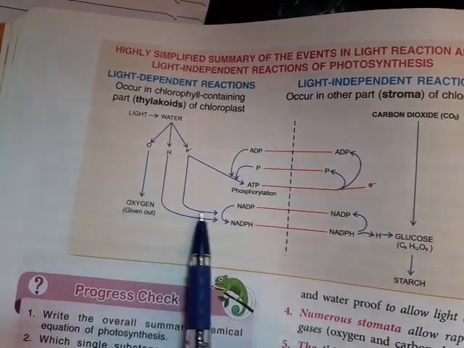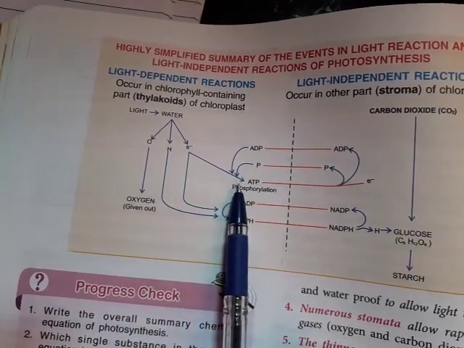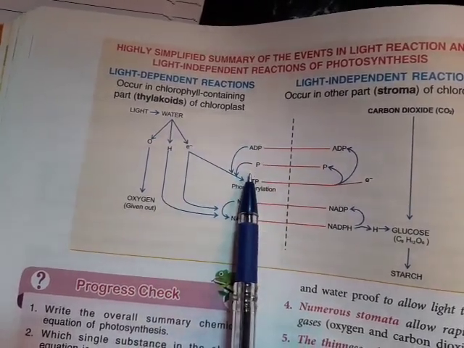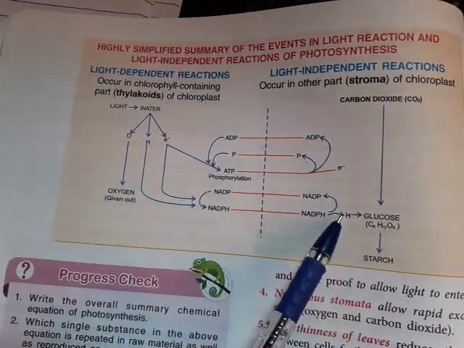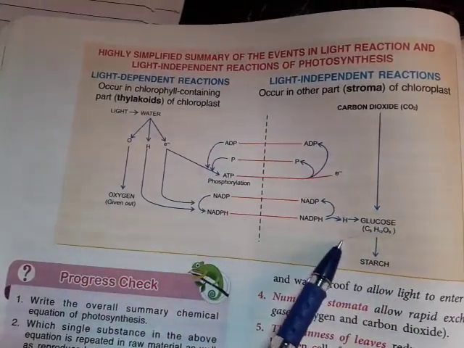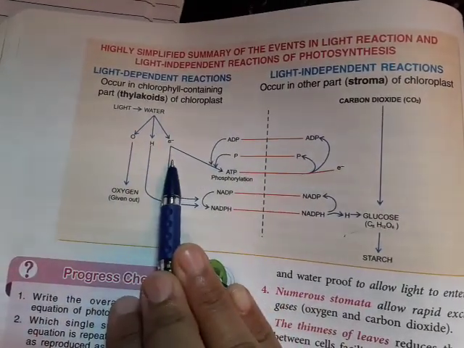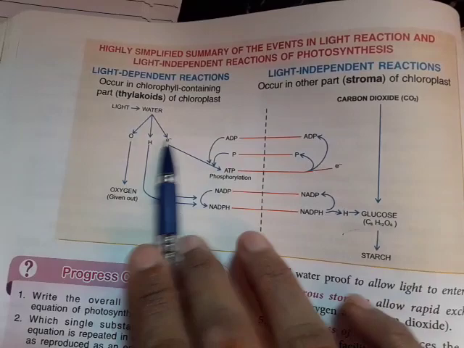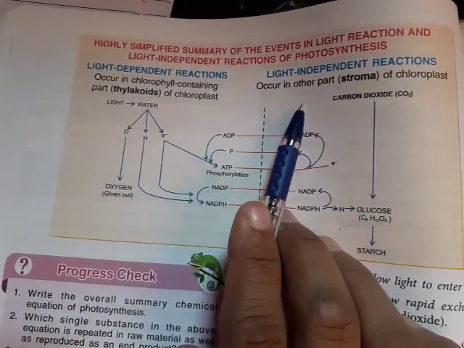Hydrogen goes to NADPH. Electrons give NADPH and ATP phosphorylation. ADP and phosphate are also given here. In the light independent reaction, carbon dioxide gets converted into glucose in the presence of hydrogen, forming starch. So these are the light independent reactions and light dependent reactions. So these two, the light phase and the dark phase. Dark phase is not called that now, we just call it the light independent phase.